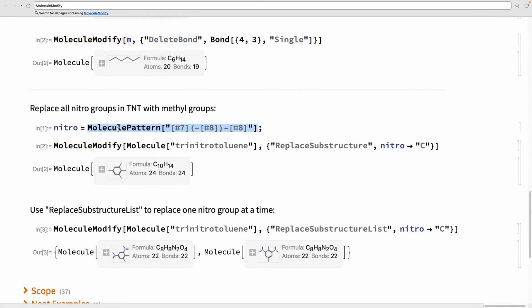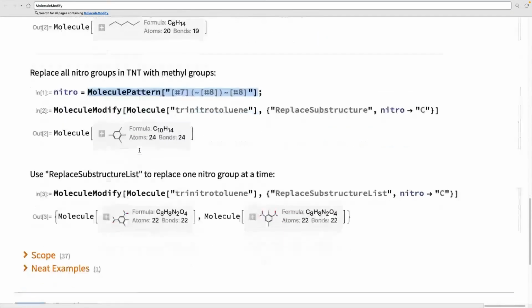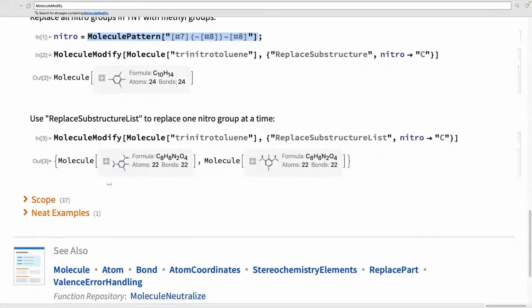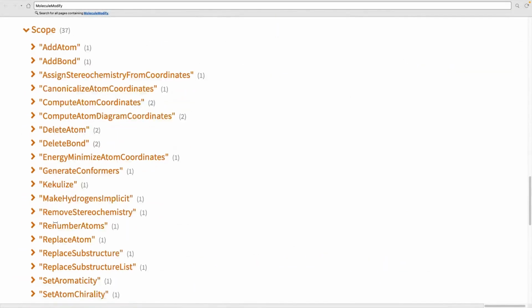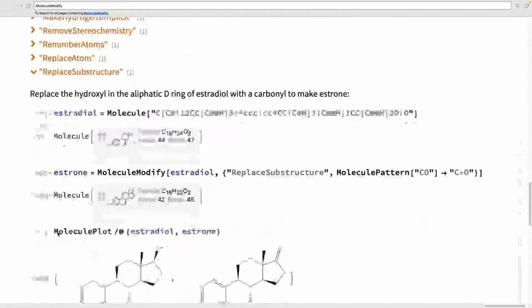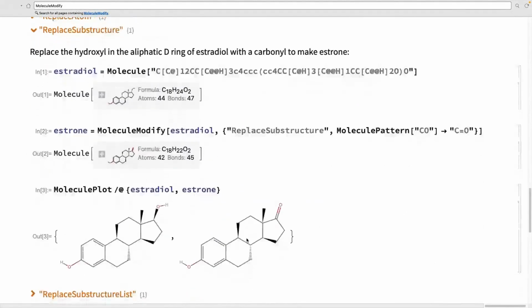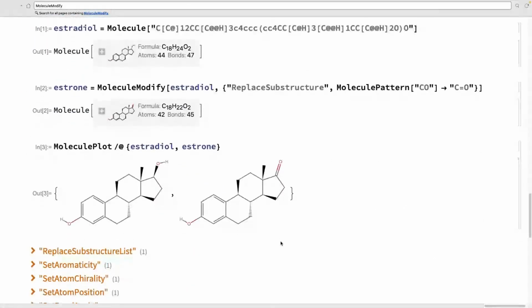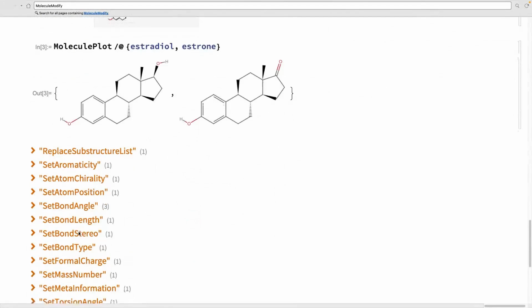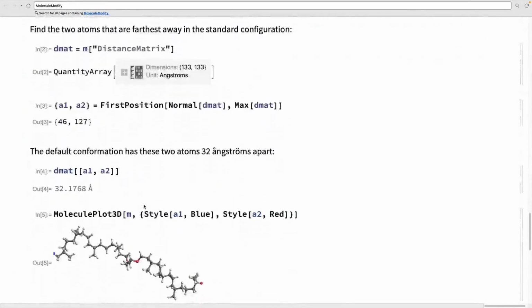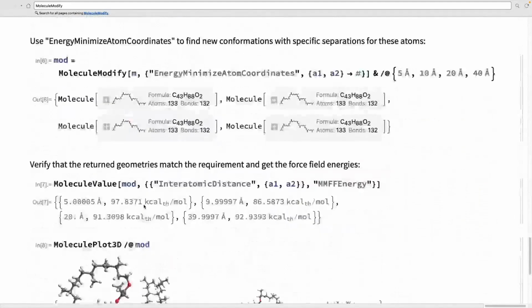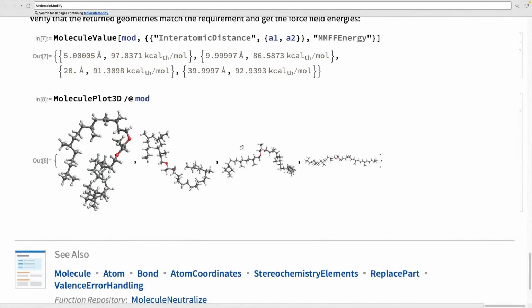You can replace molecule patterns, like we said, or atoms with other atoms or other structures. You can look at all the possible things here. Maybe a neat example. All sorts of stuff going on here.